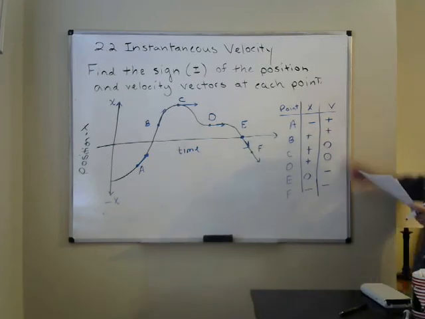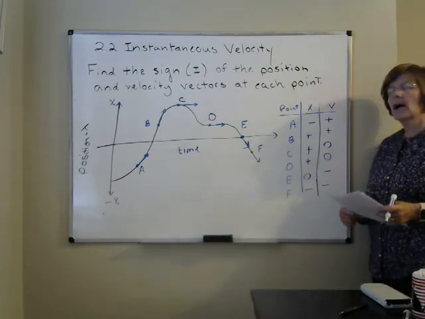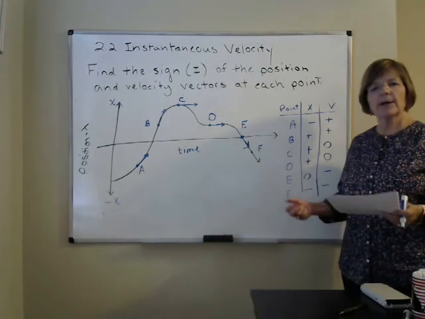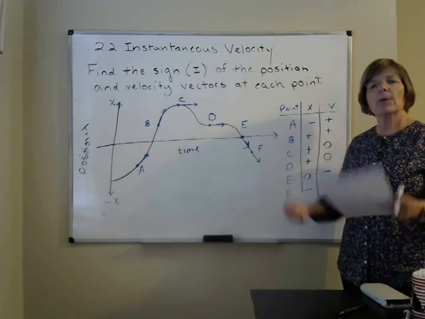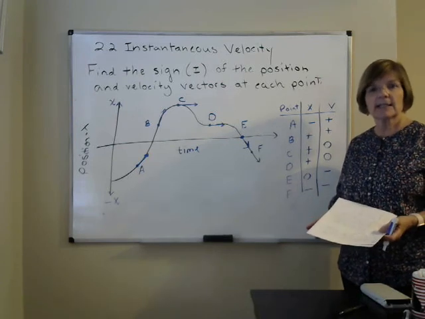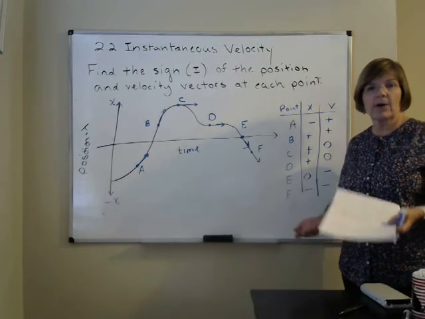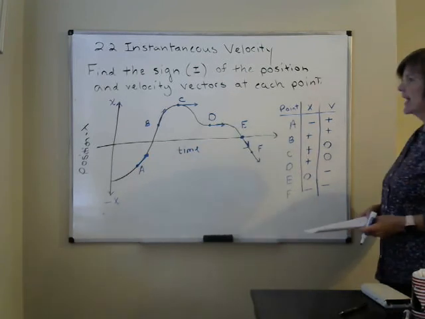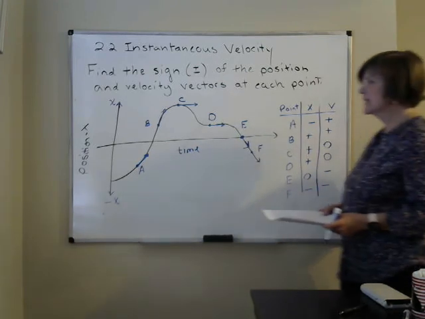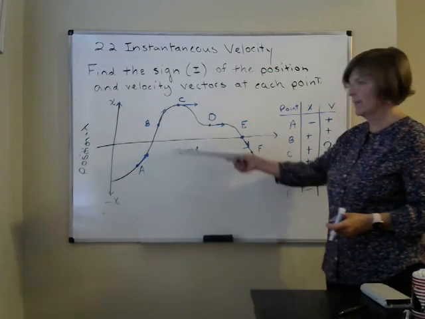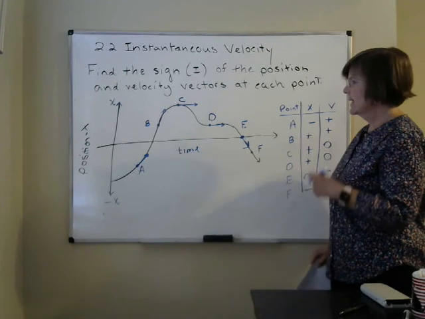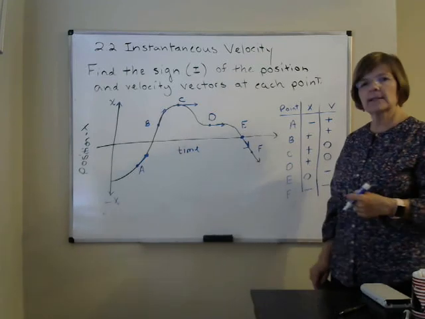One of the things I want you to understand is it's entirely possible to have any combination of positive and negative positions, positive and negative velocities, and although we haven't talked about it yet, positive and negative accelerations. If I have a position time graph, it's very easy to decide, is that a positive or negative position? And then to look at the points and look at the slope.